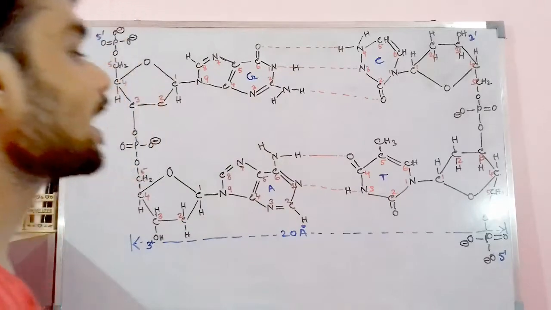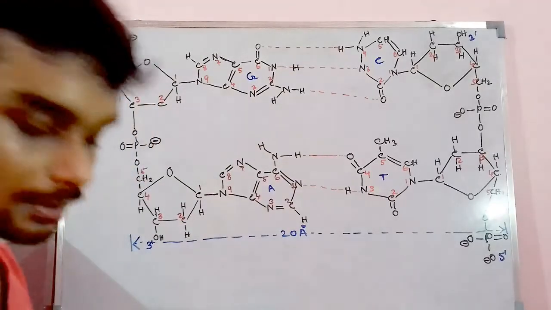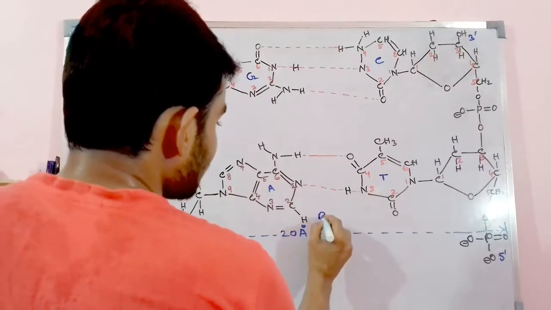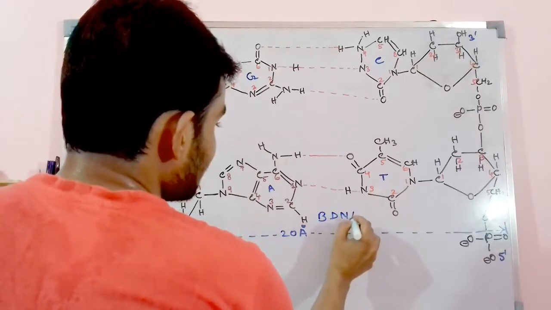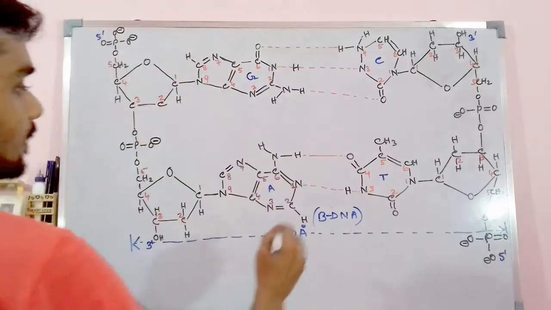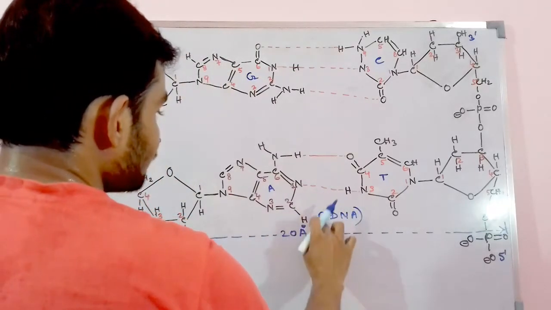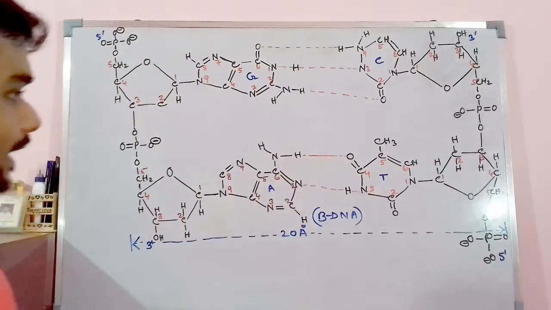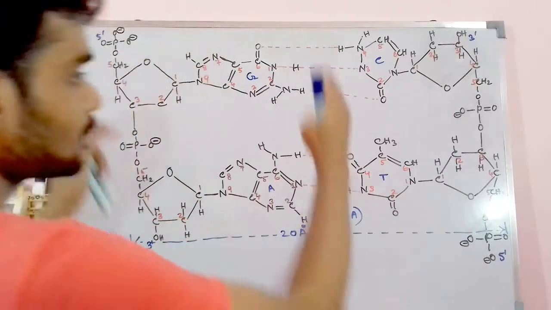The type of DNA Watson-Crick first observed was known as the B DNA. In case of B DNA, there is a 20 angstrom gap or thickness distance between the two strands.